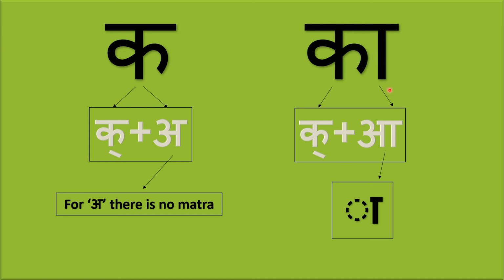You can see here ka with the symbol, and we are using half ka plus aa. Why are we using half ka? Because aa replaced a. So now the a sound will disappear, and in place of the a sound we will pronounce the aa sound.